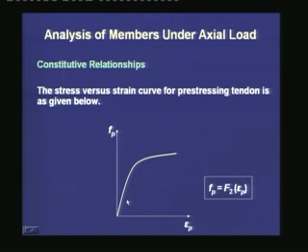Once we have any one of these forms, we are able to express the stress Fp in terms of epsilon p in this functional form, denoted by F2, that is Fp is equal to F2 of epsilon p.